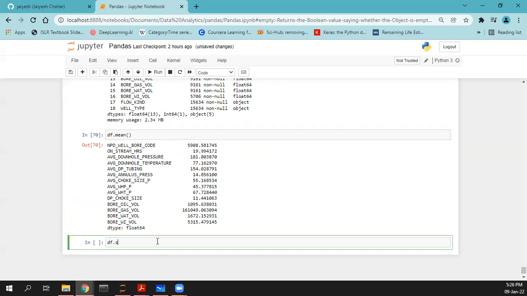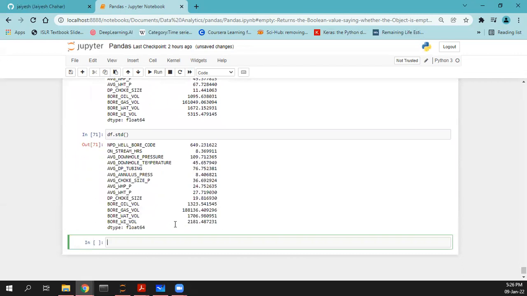Next comes standard deviation. That can be known by df.std. Now from mean we get to know about the central tendency. This standard deviation will give you information about the spread of the data, how your data is varying.